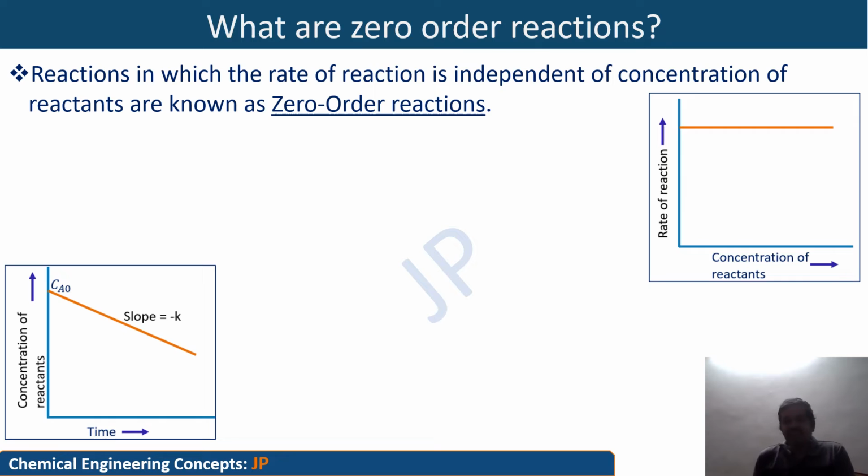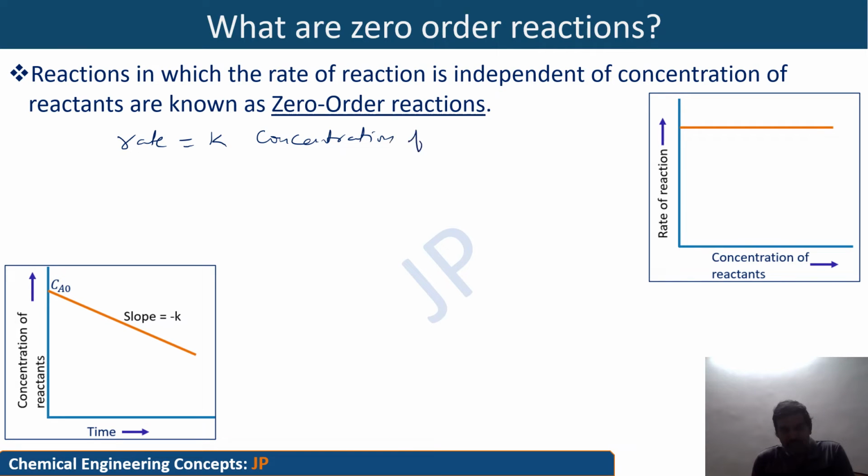What is the definition given in the textbooks? Reactions in which the rate of reaction is independent of the concentration of the reactants are known as zero-order reactions. Let us take the generalized rate expression: rate is given by rate constant into concentration of reactants.